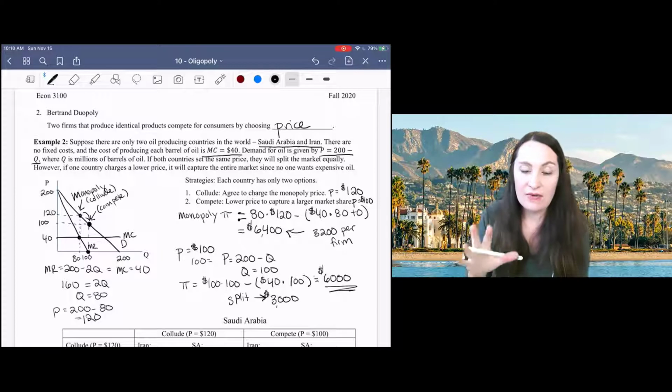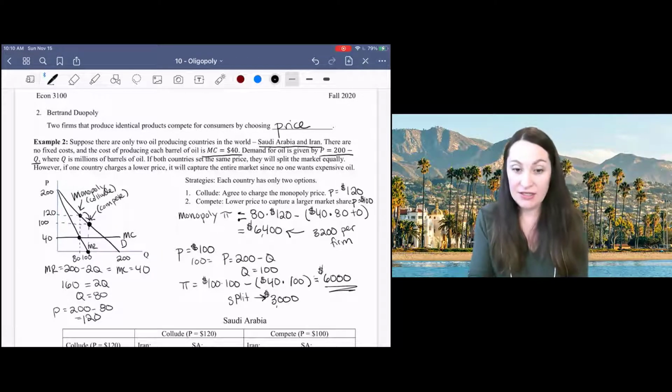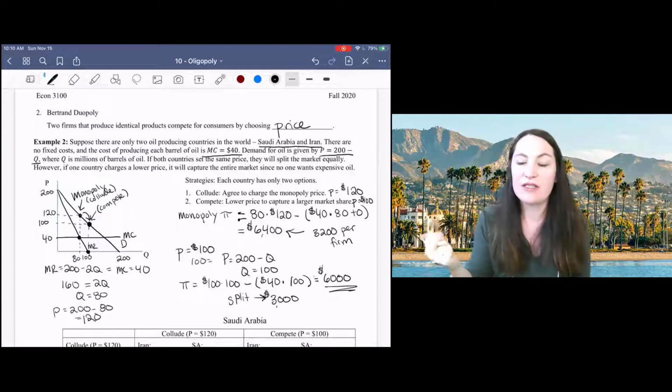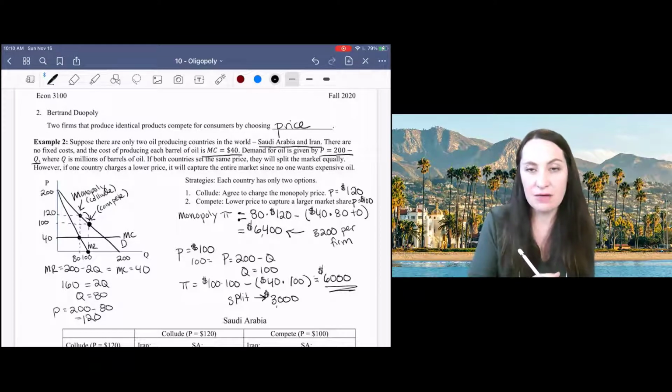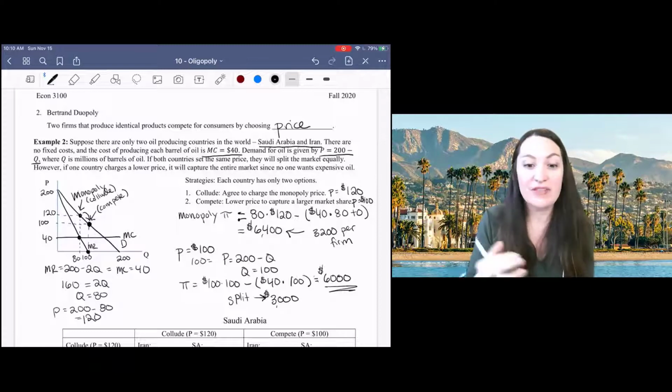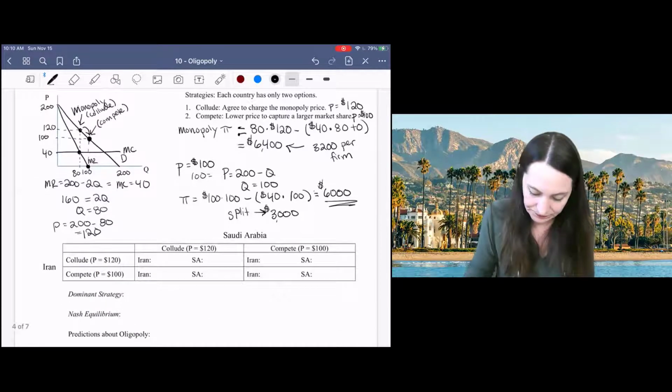Okay, so we've got our players, Saudi Arabia and Iran, and we've got our strategies, right? Collude, set a price of 120, or compete, set a price of 100. And we've got our outcomes now, the profit earned in each situation. So we can fill out our game matrix.